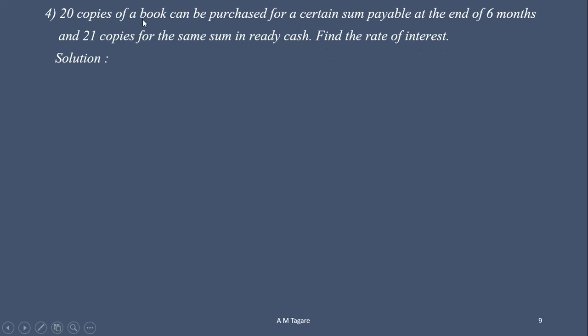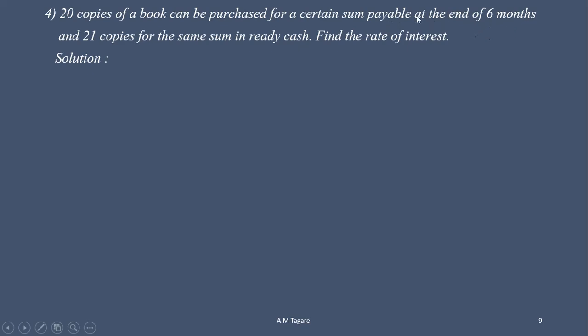Now 20 copies of a book can be purchased. If we consider the price of one book as rupees x, 20 copies can be purchased for 20x rupees. Now 20 copies of a book can be purchased for a certain sum payable at the end of 6 months.